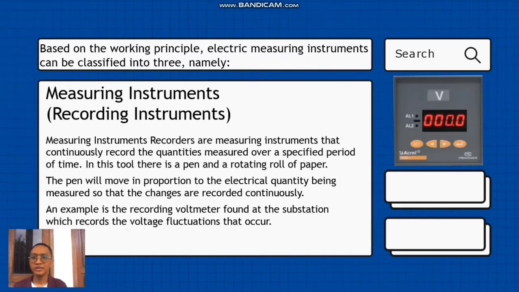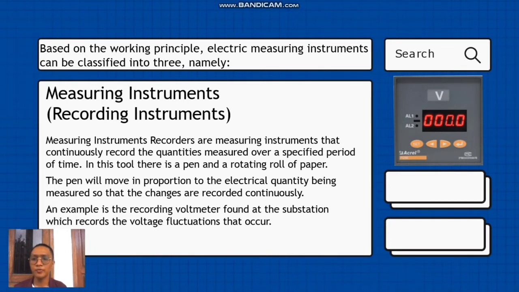The next one is the recording instrument. Recording instruments are measuring instruments that continuously record the quantities measured over a specified period of time. In this tool, there is a pen and a rotating roll of paper.